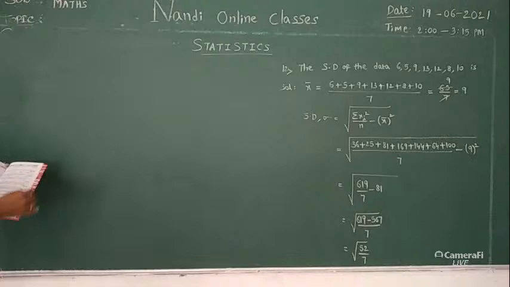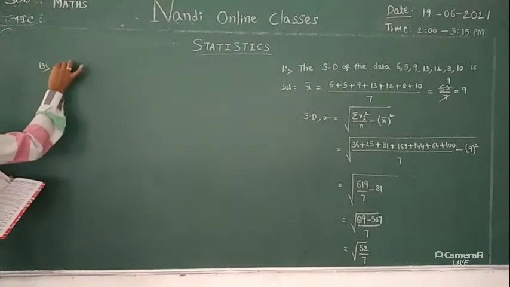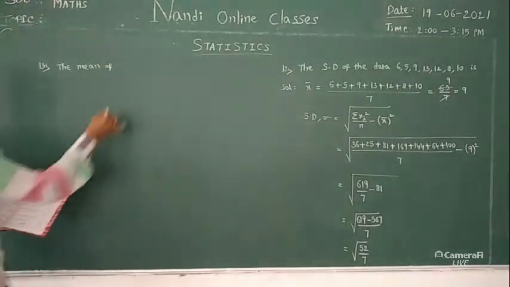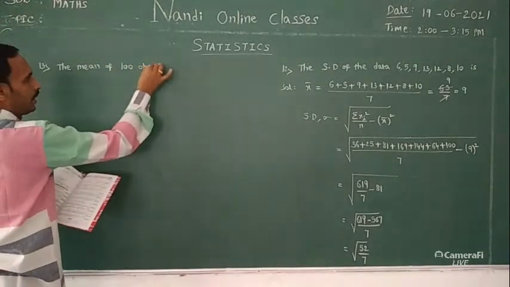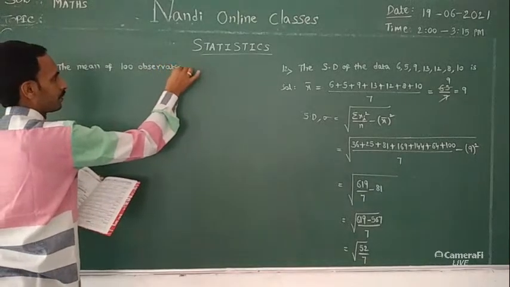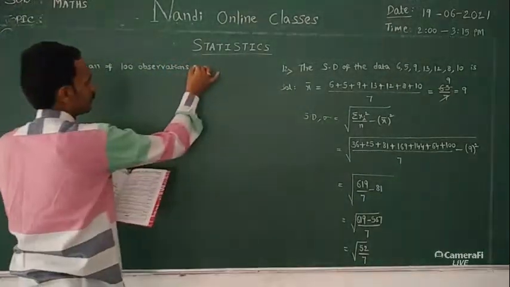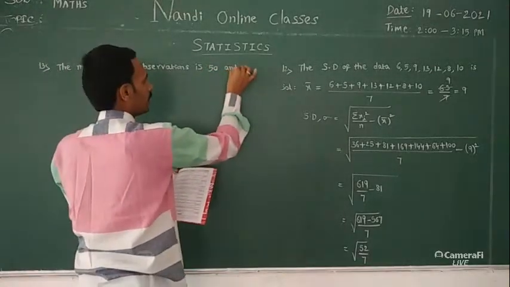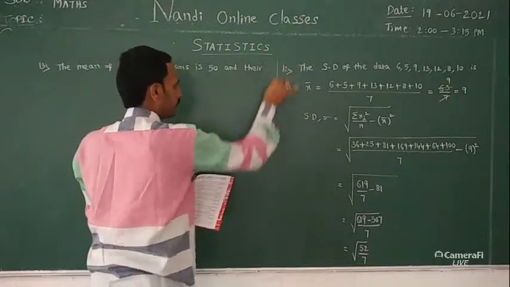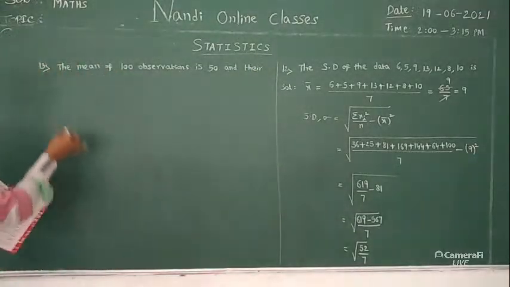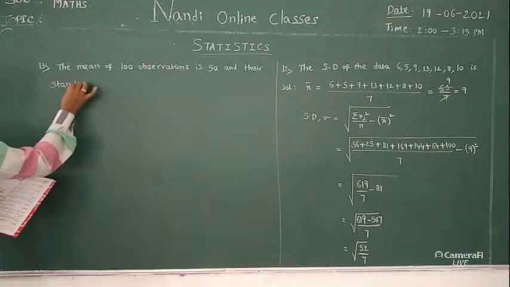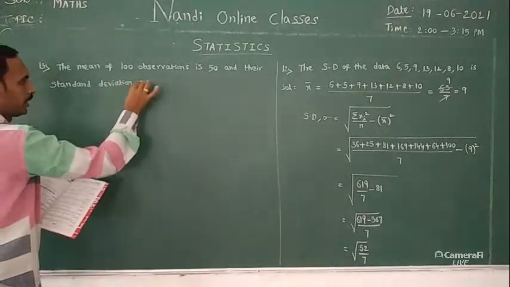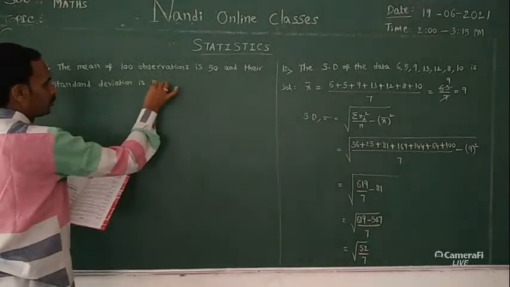Thirteenth problem. The mean of 100 observations is 50 and their standard deviation is 5.